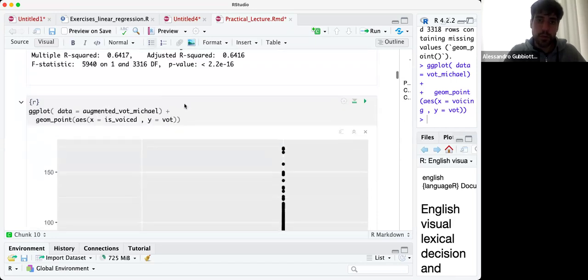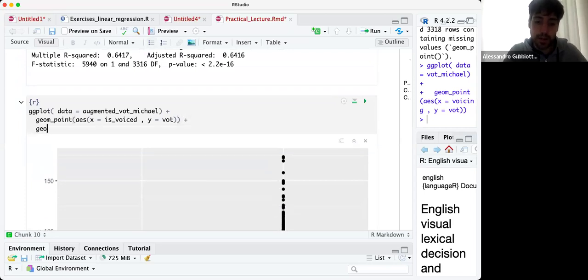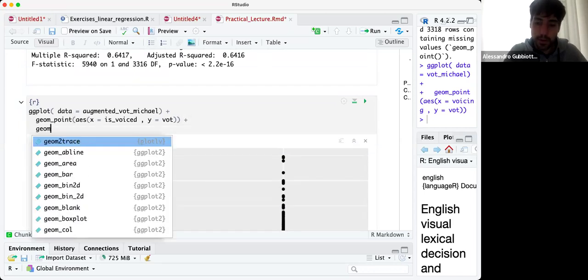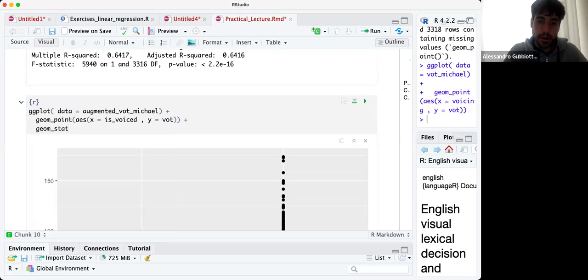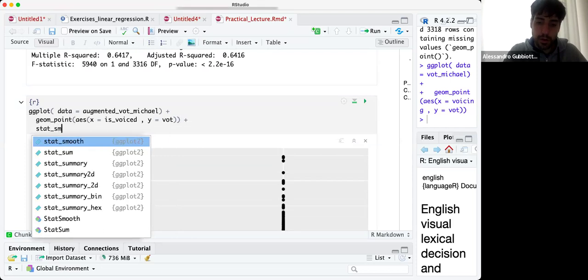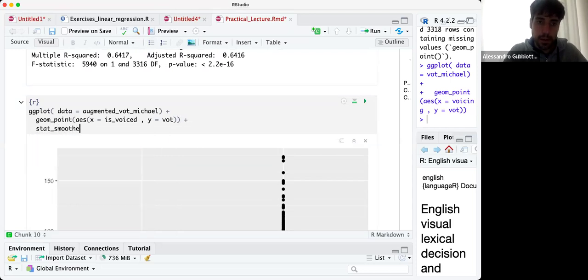And we can use a geom stat function, sorry, stat smooth layer, and use a linear model.